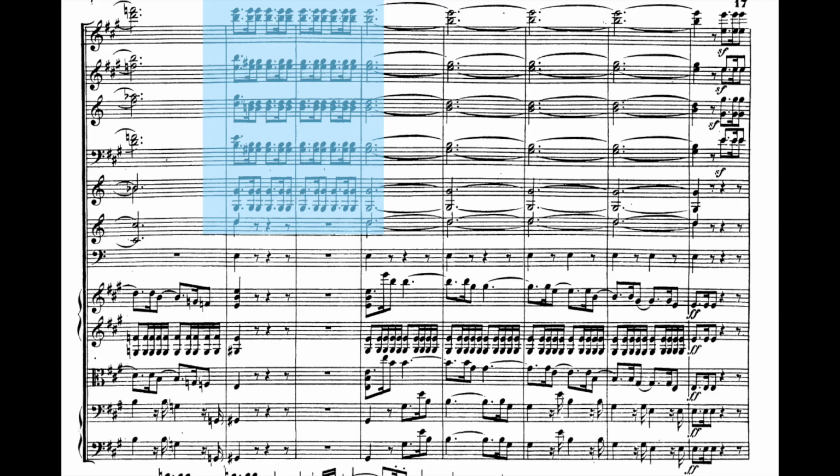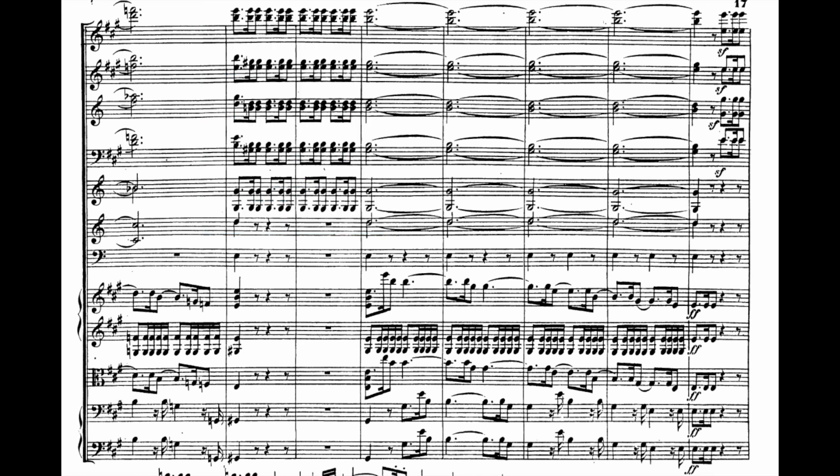On page 15, before letter G, 6 bars. There's your winds again, playing yum param pam param pam param pam para. Oh, the second violins aren't doing their yum da da da dum pa da da da. Why not? It's exactly the same thing.